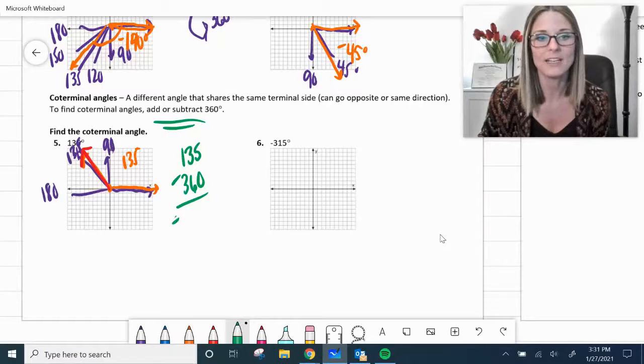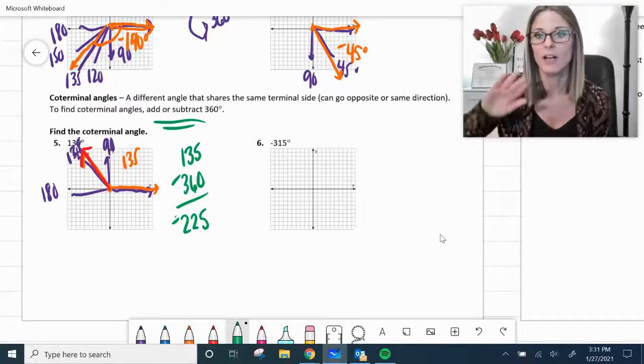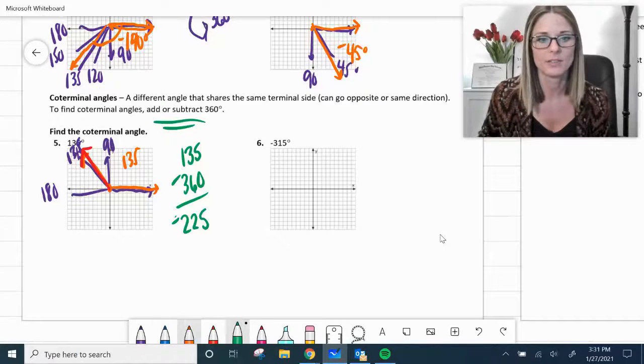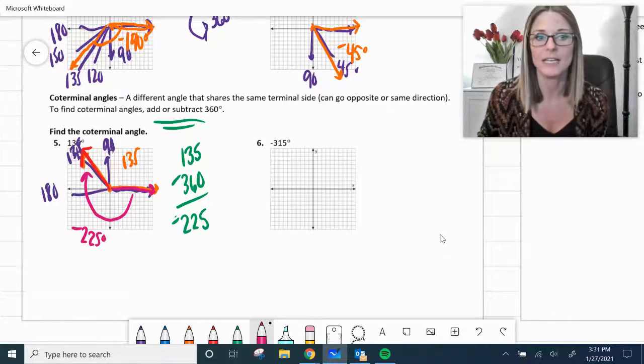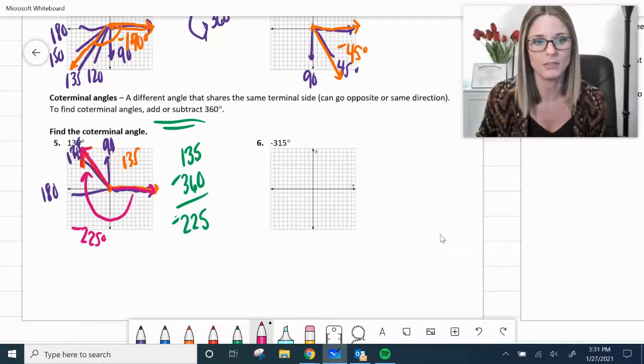We'll get negative 225. So if I take a negative rotation, let's do that in the pink color. If I start in the starting position and rotate down and around negative 225 degrees, it ends in the same place. Okay, so that is one of your coterminal angles, equals negative 225.